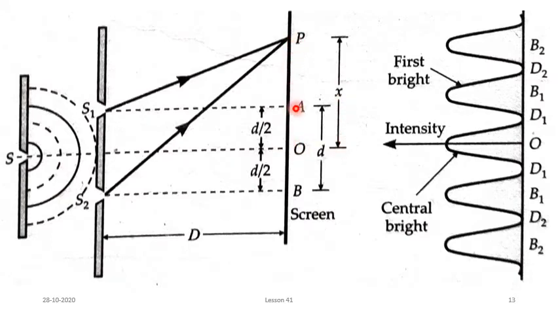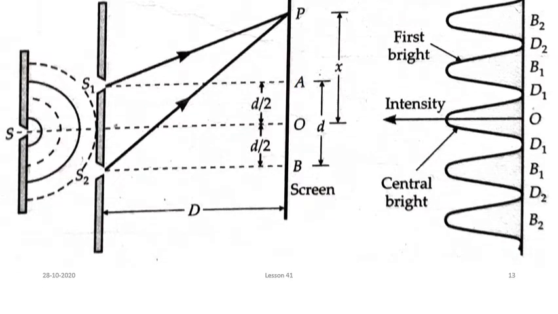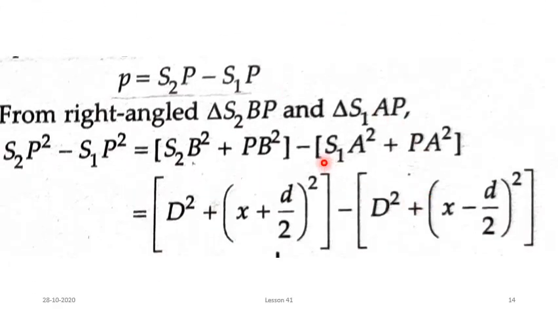So PA is the difference of d by 2 from x. If I subtract d by 2 from x, I will get this distance PA. So S1A square is D square, and PA square equals (x minus d by 2) whole square.